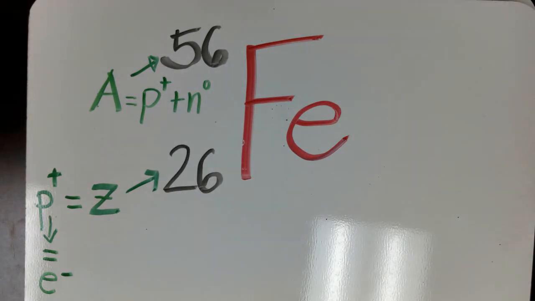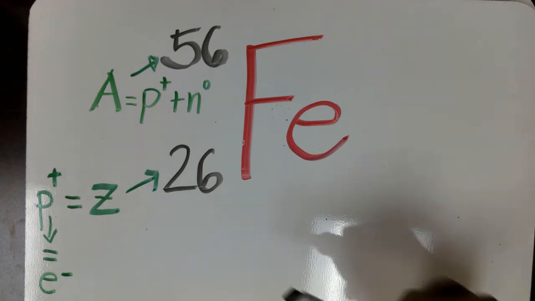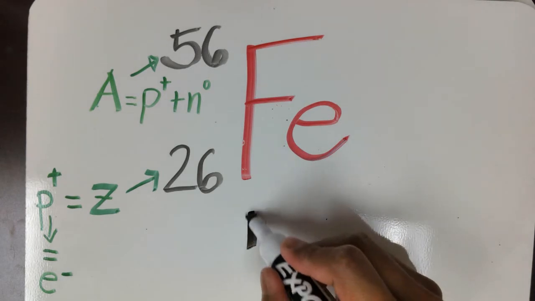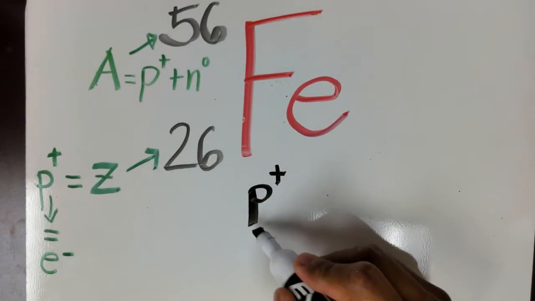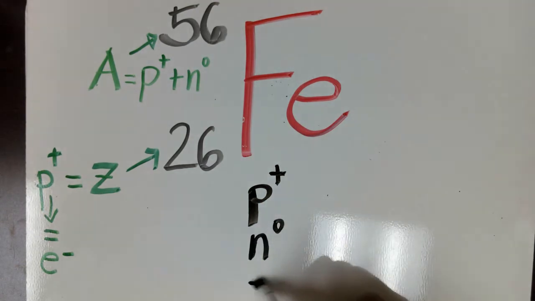Now, if I will be asked to supply or to get the values of the subatomic particles, how do I do that? So let's list down the number of subatomic particles. Let's start with the nucleus. What's the number of protons in here? Then we have the neutrons as well and the electrons.